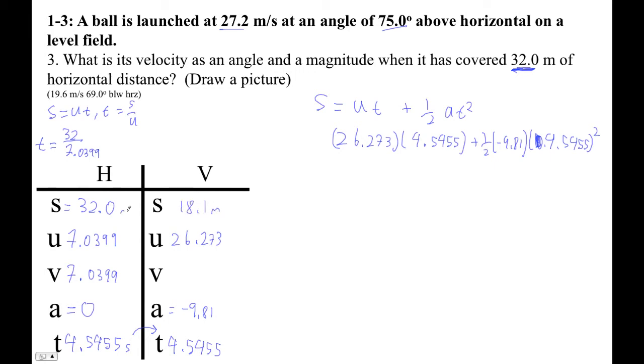Now we didn't have to do that. I'm just doing that to show off here. Really, do we need this guy here? So let's find that. V is u plus at. So it's 26.273 plus negative 9.81 times 4.5455.